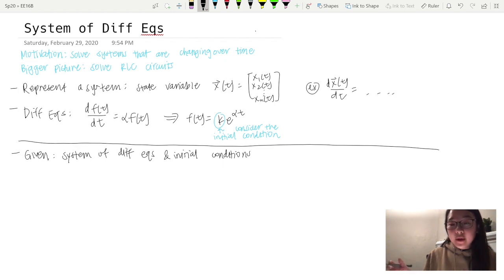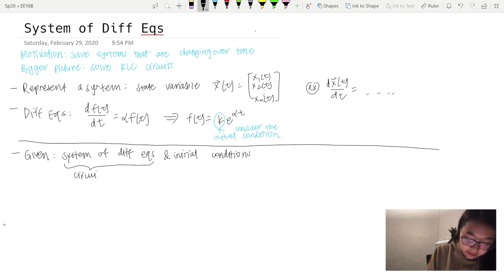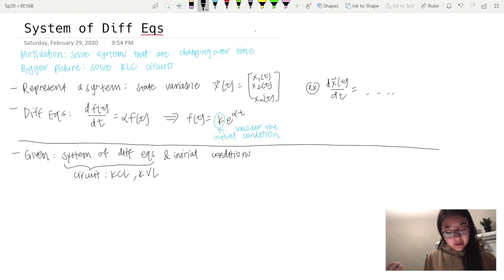Another option is that instead of being given the differential equations already, you may be given a circuit, and then you would need to use KCL and KVL in order to write the appropriate equations and figure out the differential equations yourselves. But in general, you'll have initial conditions and these equations to start with, and that's where you want to start your calculations.